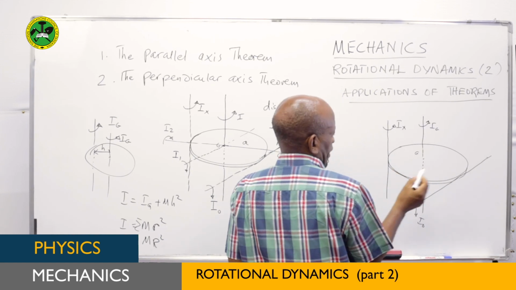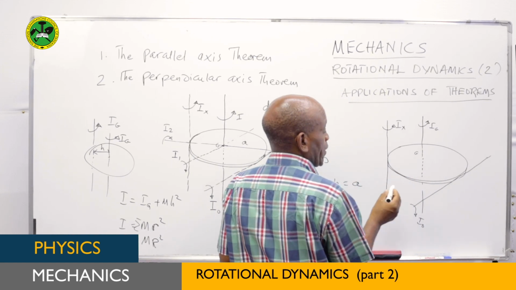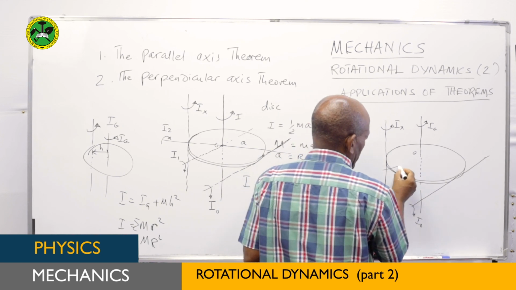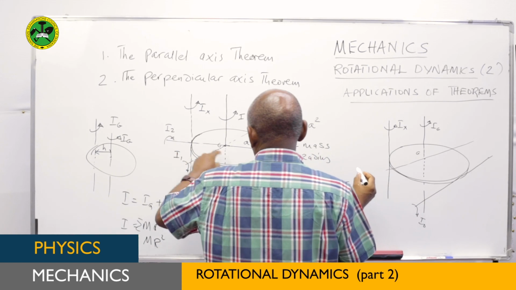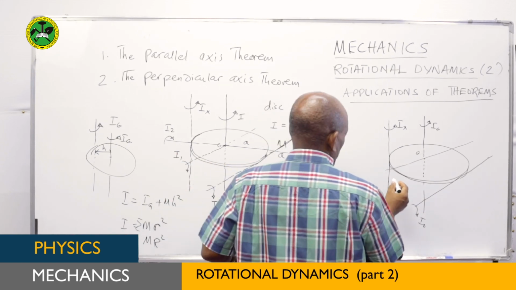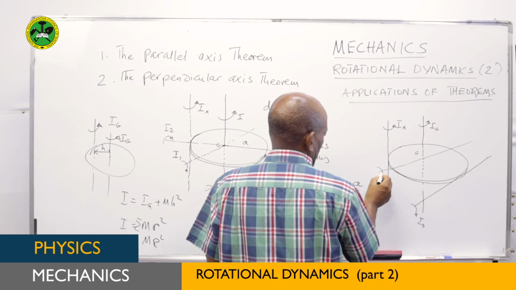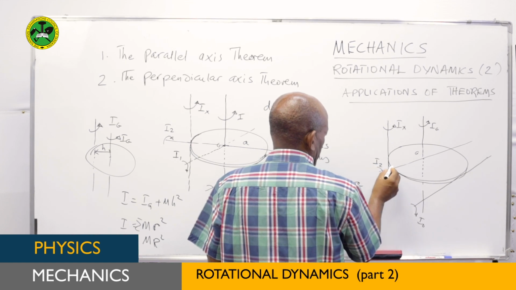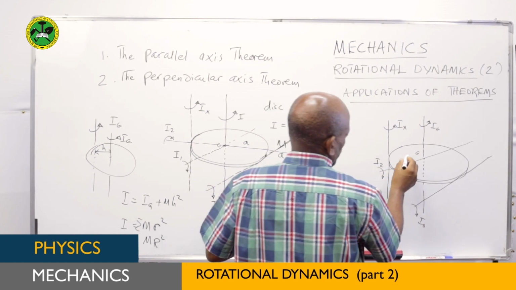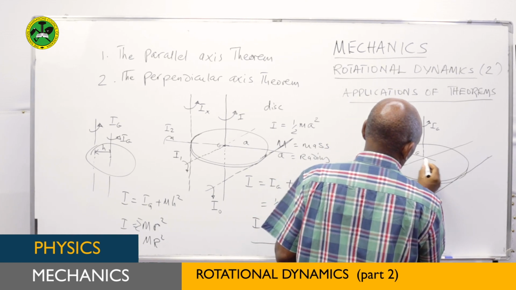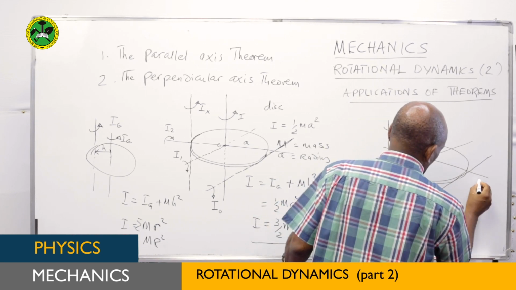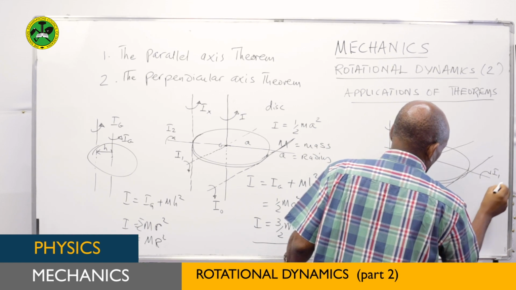So I can just pick any two axes which are perpendicular to each other. Let me take the first one as I've just drawn here as I2, and the first one perpendicular to this one, let me take the one which is just passing through the center, this one to be equal to I1.